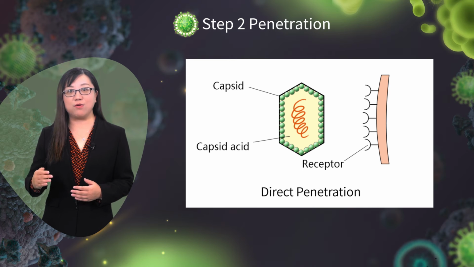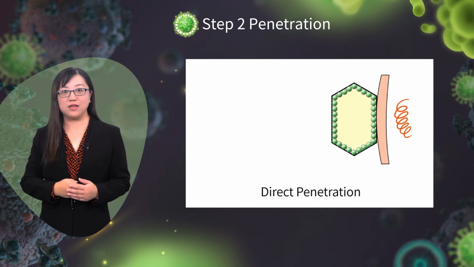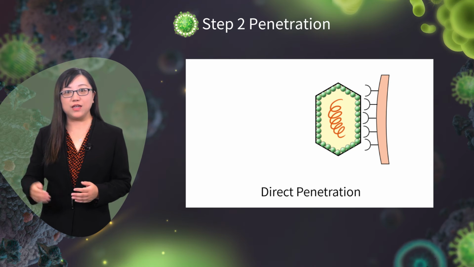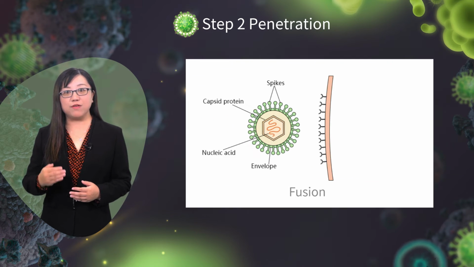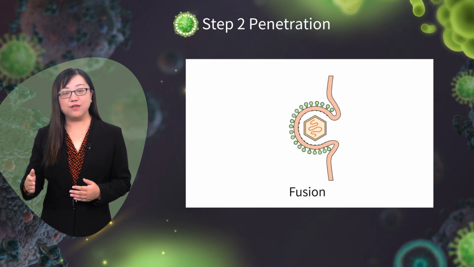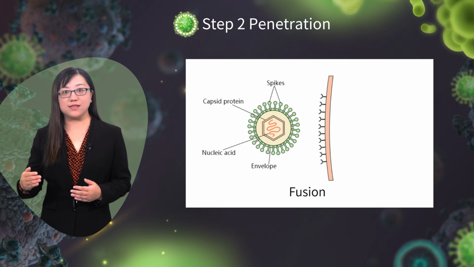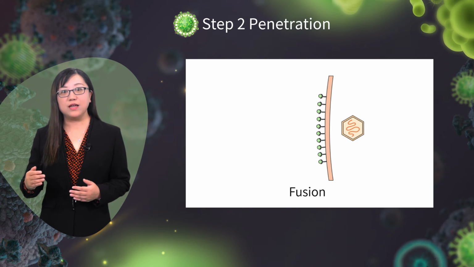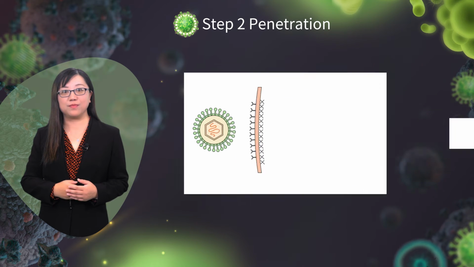The naked viruses bind to the receptors on the host cells and then directly penetrate the genome into the host cells. The enveloped viruses bind to the receptors and then fuse their membranes with cellular membranes to deliver the nucleocapsid or genome directly into the cytoplasm.